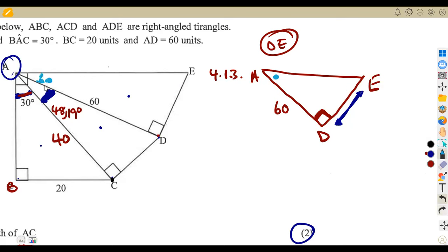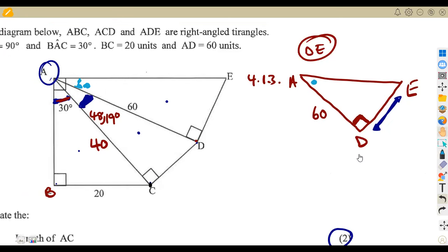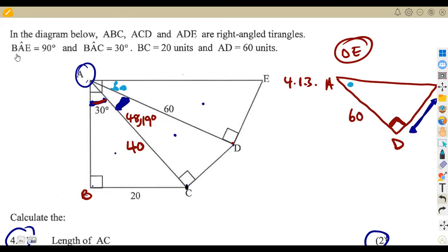Yes, we have, because remember before we were told that this whole part of BAE is 90 degrees. From B to A to E, it's 90 degrees, which is this right angle here. We are given this angle of 30, and we calculated this angle. So these angles, they are all supposed to add up to 90 degrees. What does it mean?